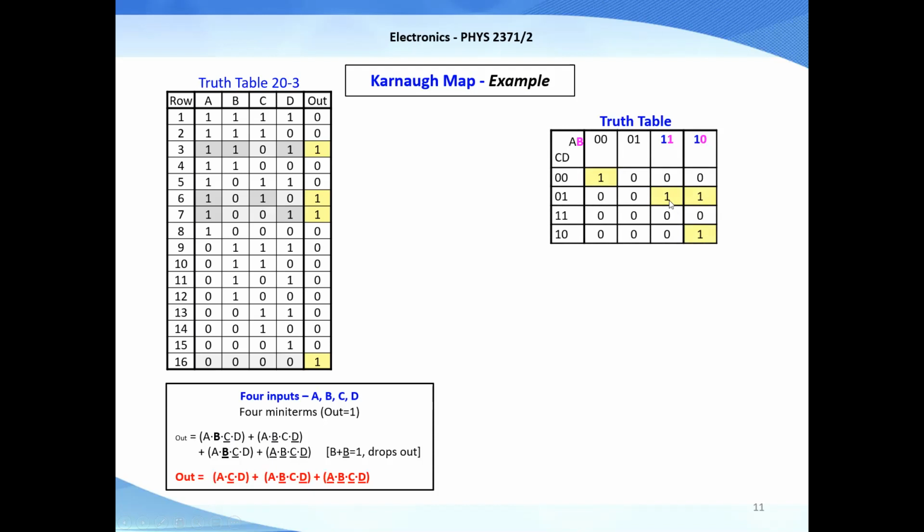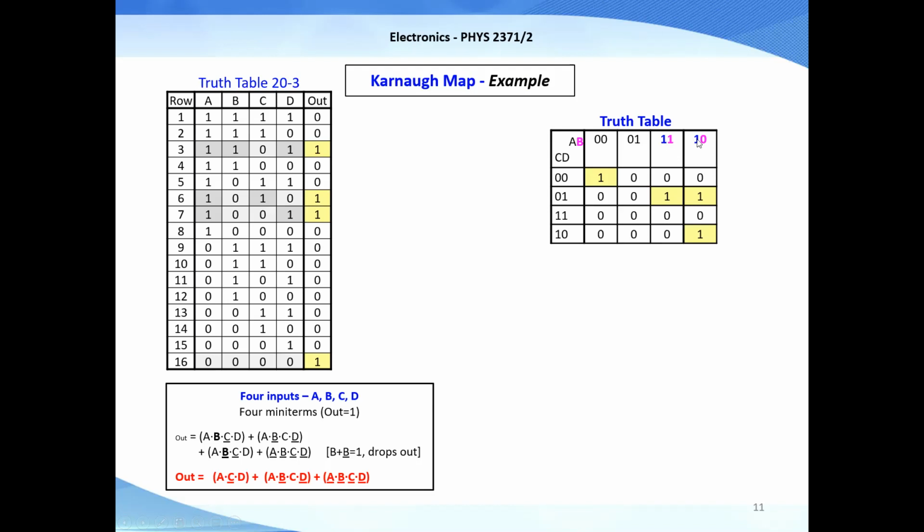Okay, so what you notice is here you have 2 adjacent mini terms. Whenever you have adjacent mini terms, notice that for these 2 adjacent mini terms, you have to have an A, because A is 1, so that's A. But B can be 1 or 0. B can be 1 or 0.